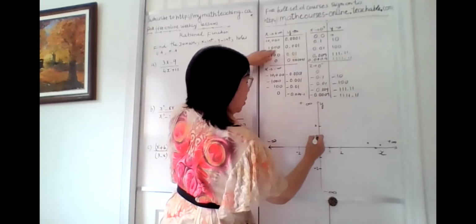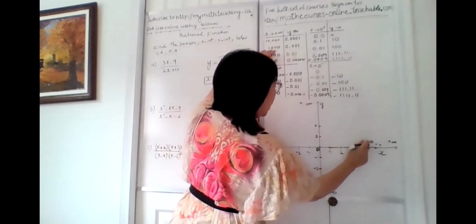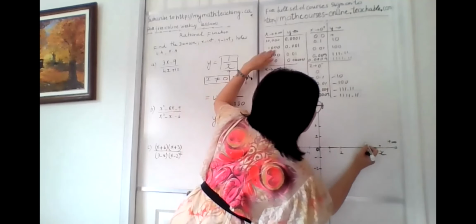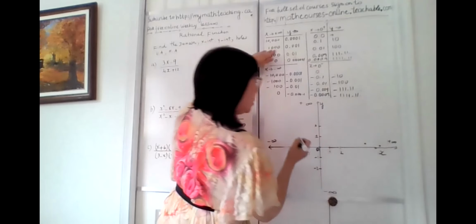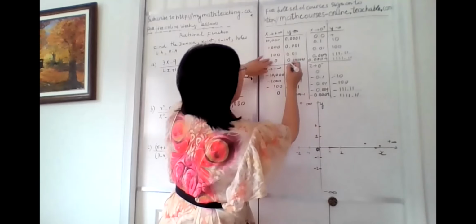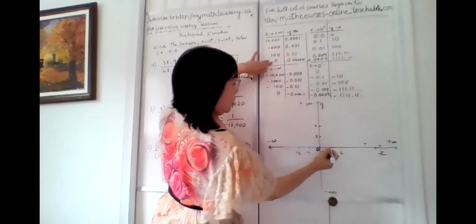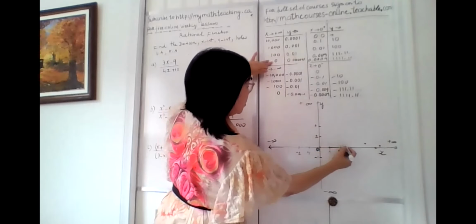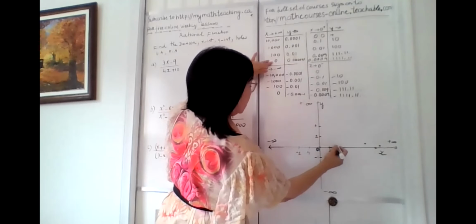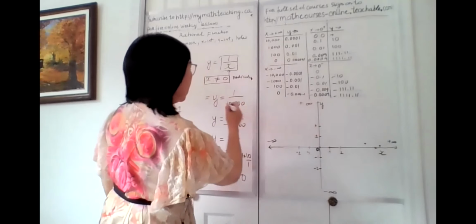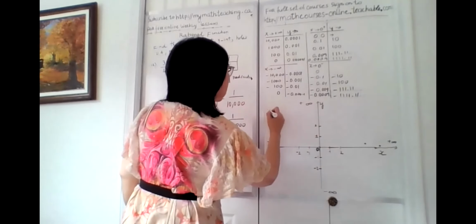Because even though x is smaller, y is maybe up higher than this a little bit, but still very close to 0. And on the way from x close to 0, the y is still very small, right? Still very small.